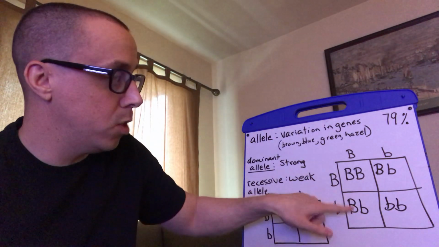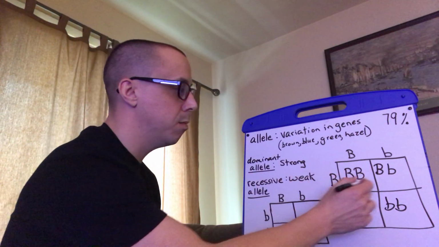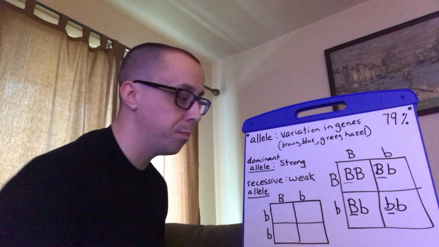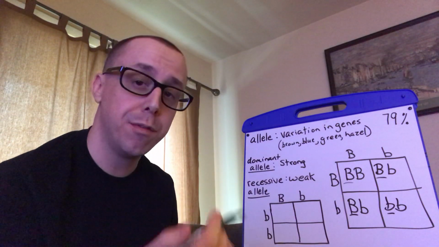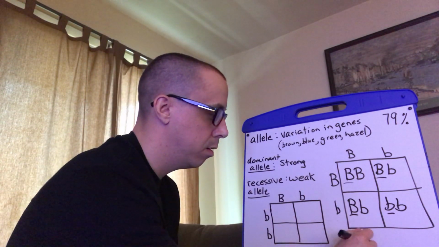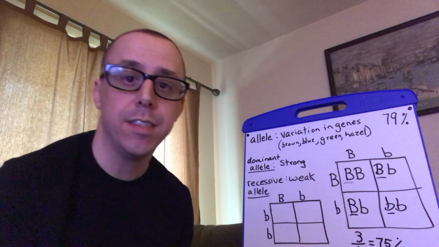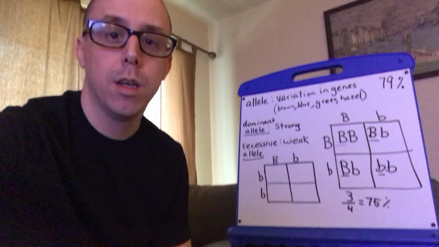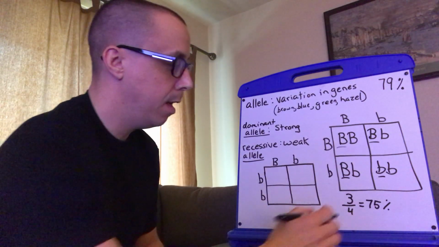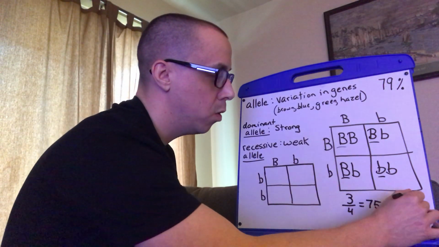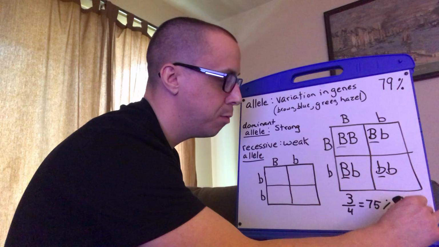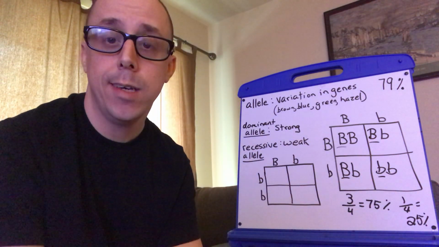This would be brown, brown, brown, blue. This shows the 3 out of the 4, or the 75% chance that you'd be born with brown eyes, and only 1 out of 4, or the 25% chance that you'd be born with blue eyes.